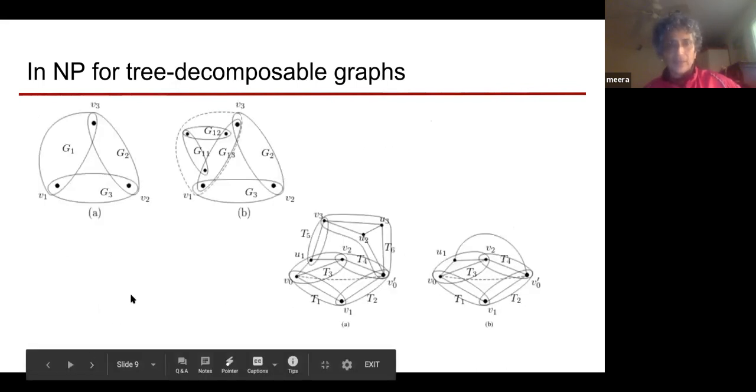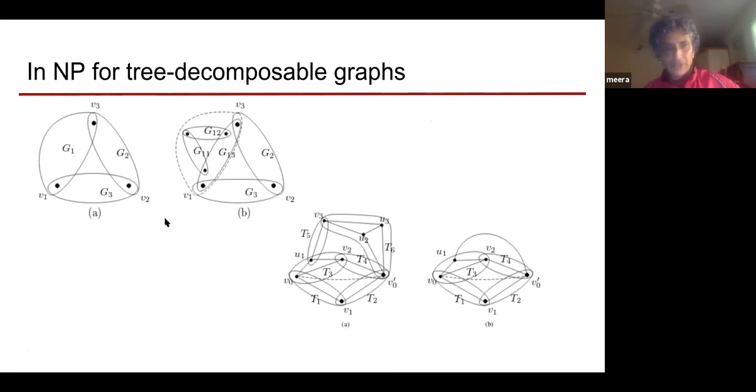the system. So it's also in NP for a slightly larger class of graphs, which are called tree-decomposable graphs, where you put three tree-decomposable graphs together, such that pairwise they share a single vertex.